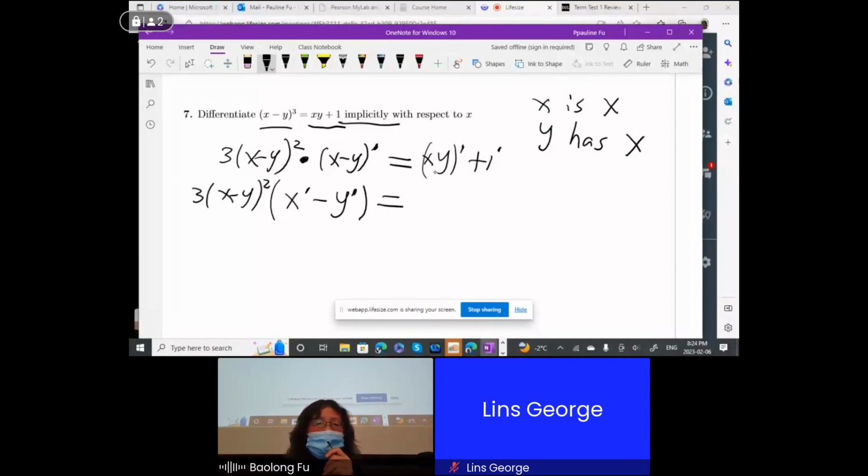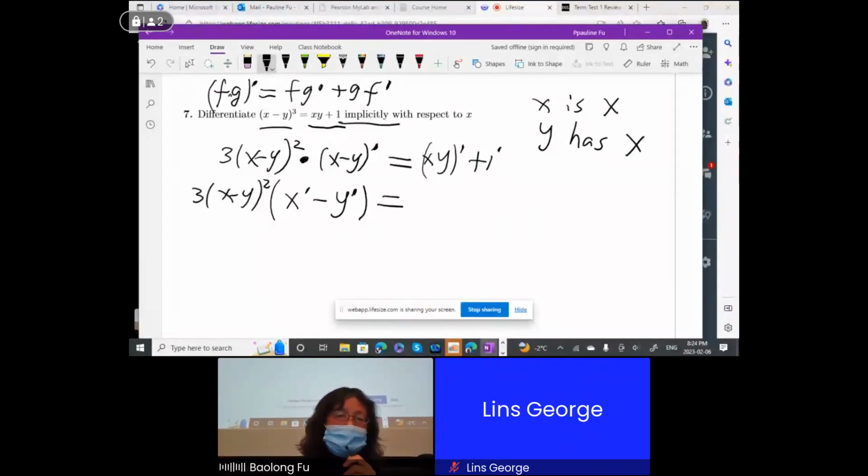The right hand side equals x times y, so use the product rule, f times g derivative equals fg prime plus gf prime. Apply this to the right hand side.